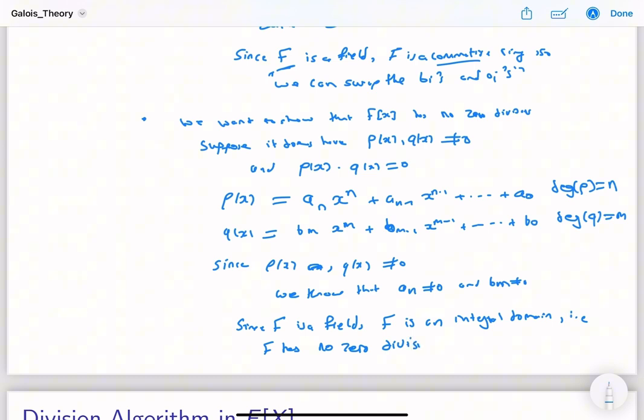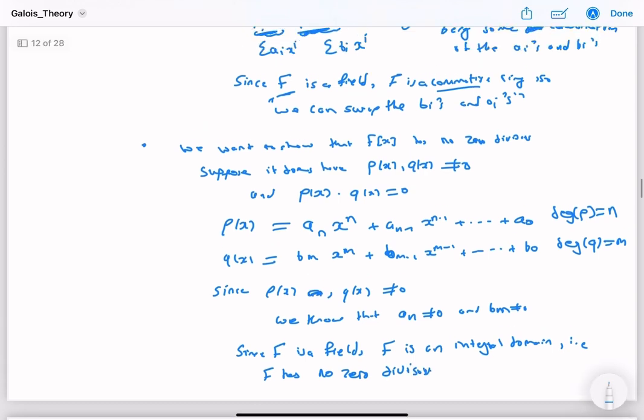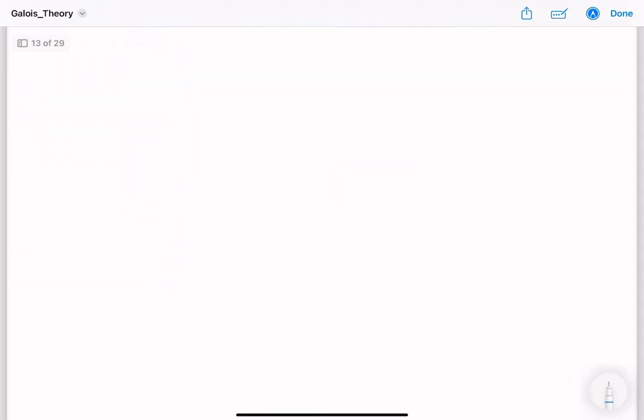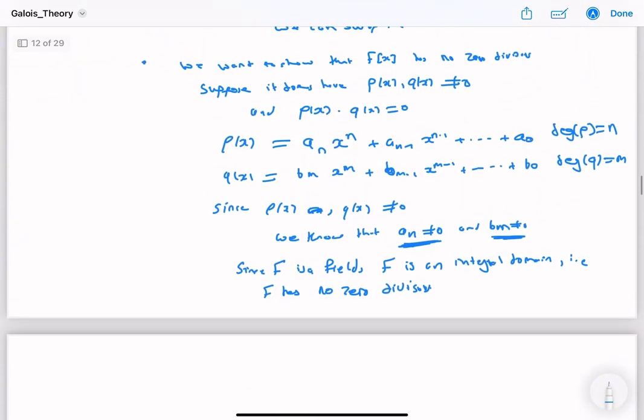So since it has no zero divisors, what can you say about the product of a sub n and b sub m? Well, since they're not zero, their product is not zero, because otherwise there'd be zero divisors.